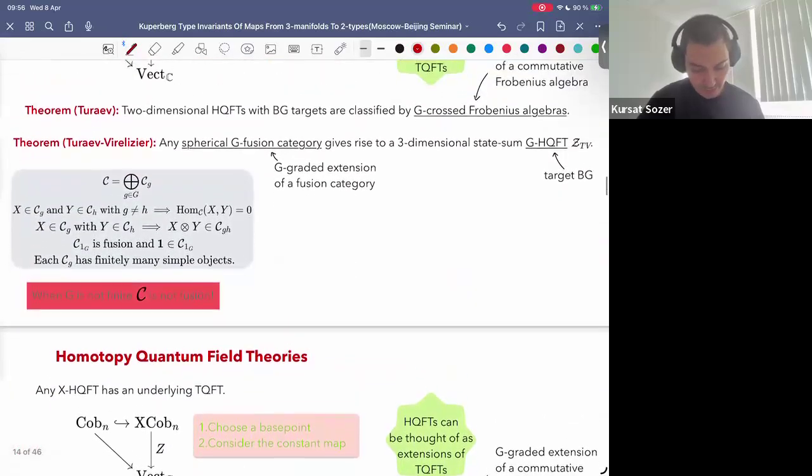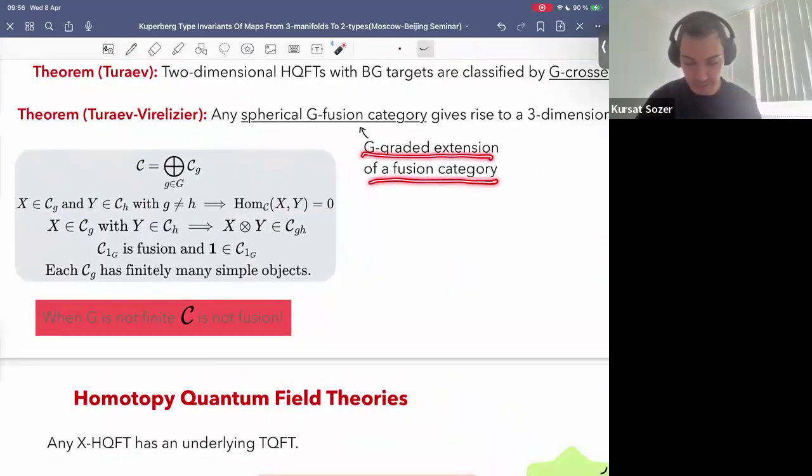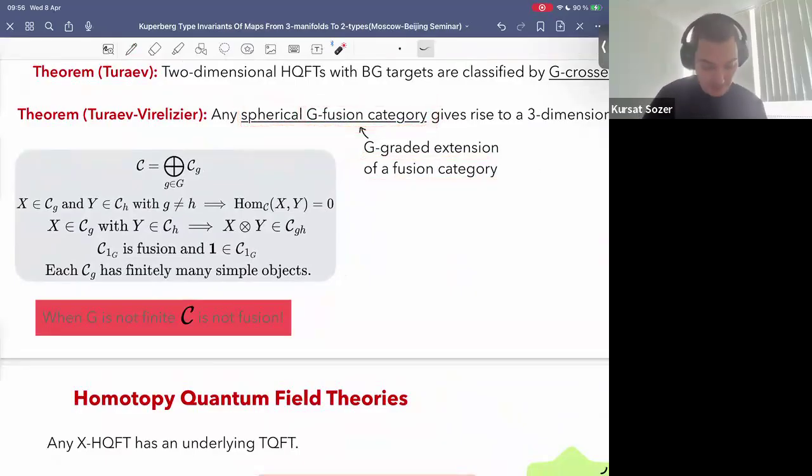So let's see what this object is, a G-graded extension of a fusion category. What is this spherical G-fusion category? It is a G-graded category. That means every object can be written as a direct sum of homogeneous elements which lie in the components. And if we pick two elements in different components, then there are no morphisms. So these components have no relationship between each other.